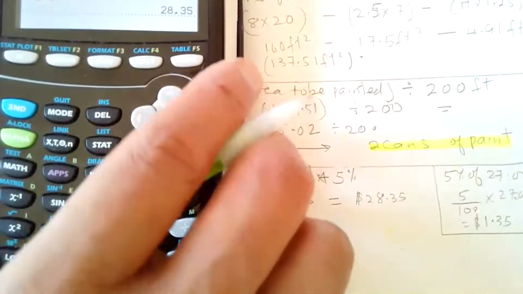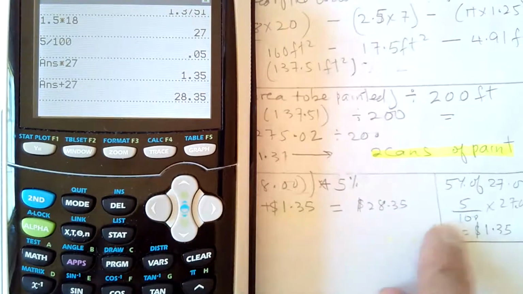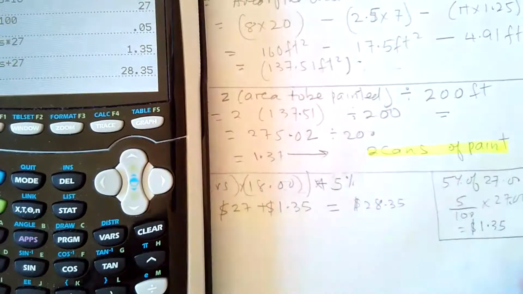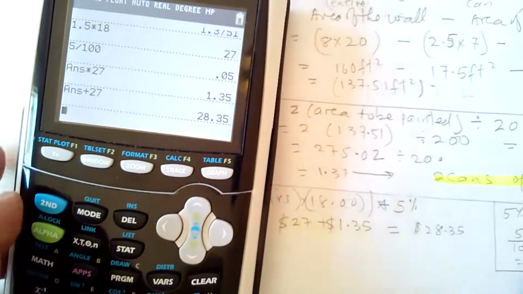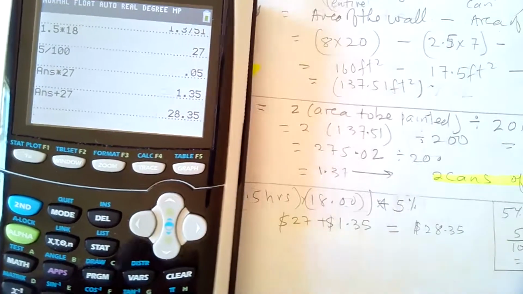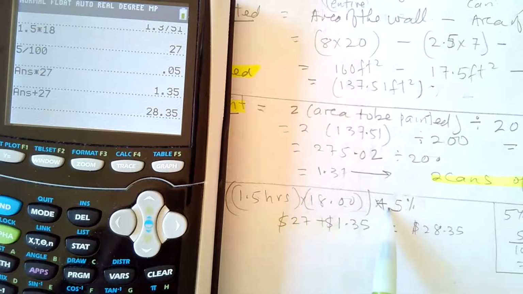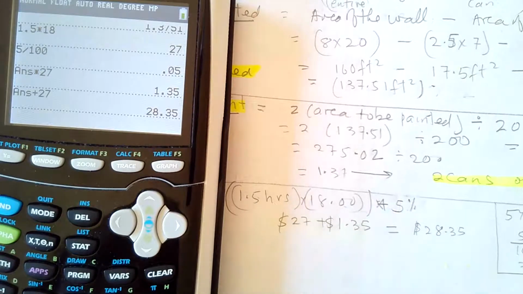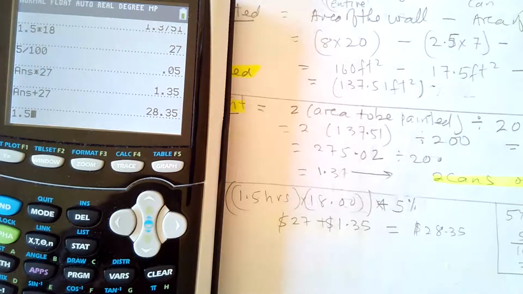The other method was to go straight to 1.5 times 18 times 1.05.